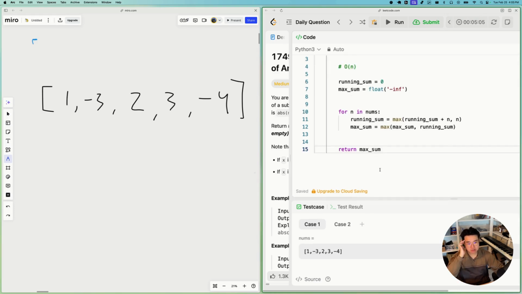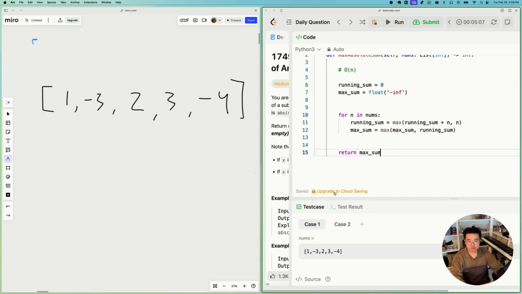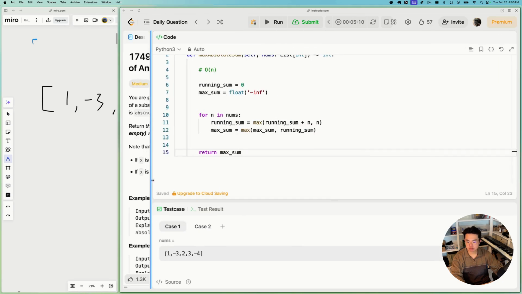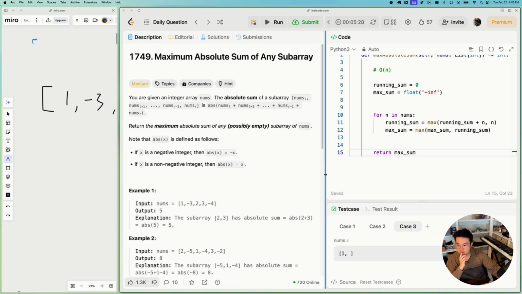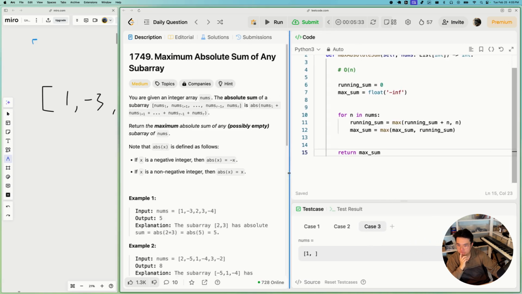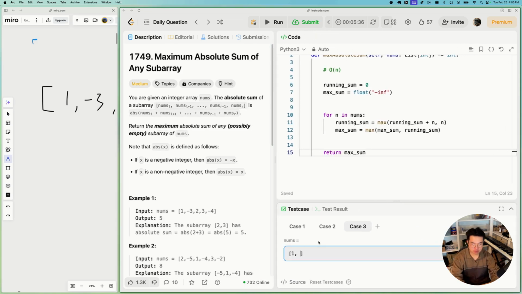Right, so I think this would work if there were no negatives. So let me do a test case where there's no negatives. Actually okay, the first example should pass.